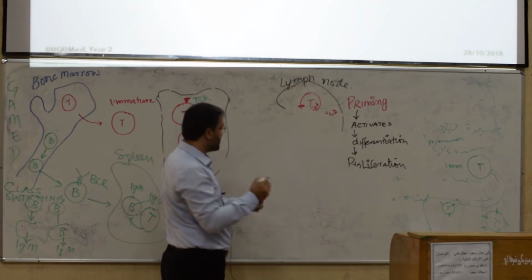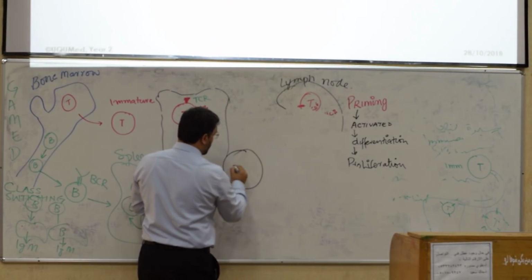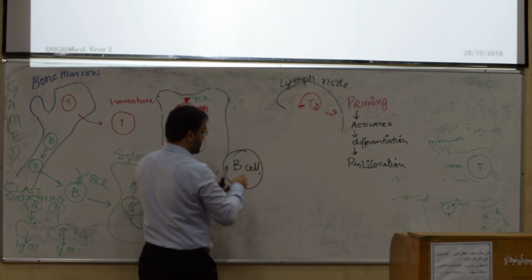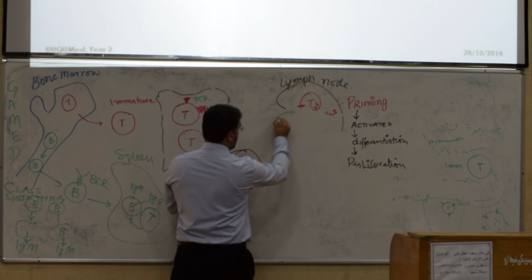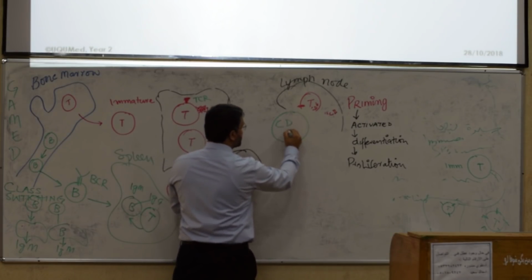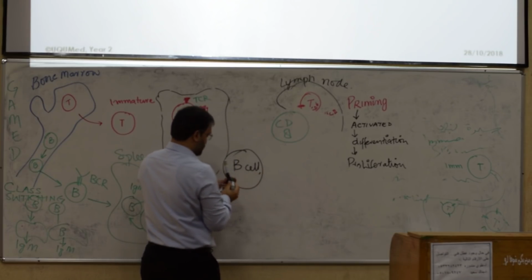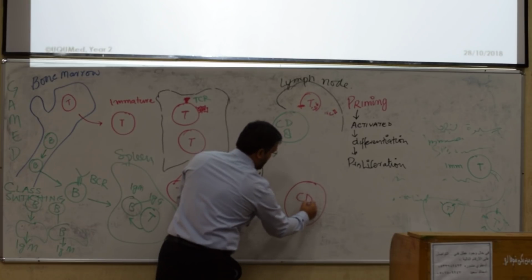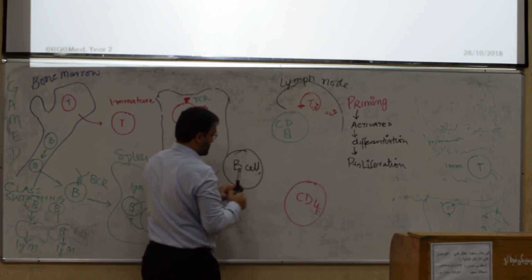So we will see three different components here. One is B cells, one is CD8 cells, and one is CD4 cells.